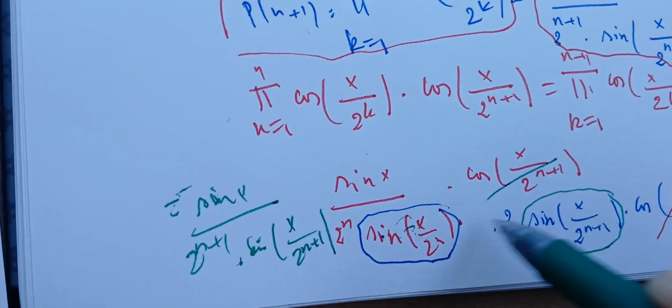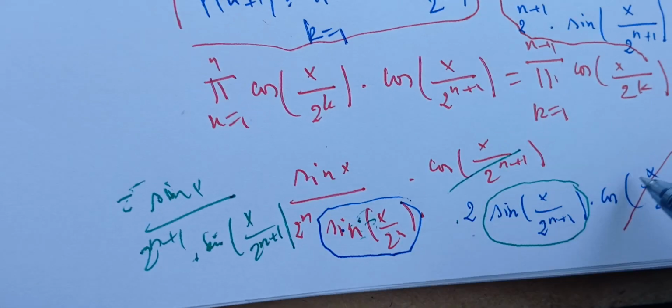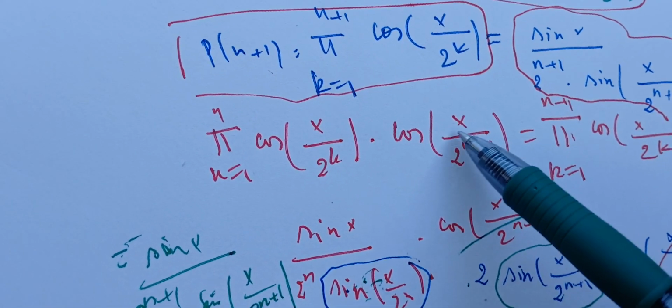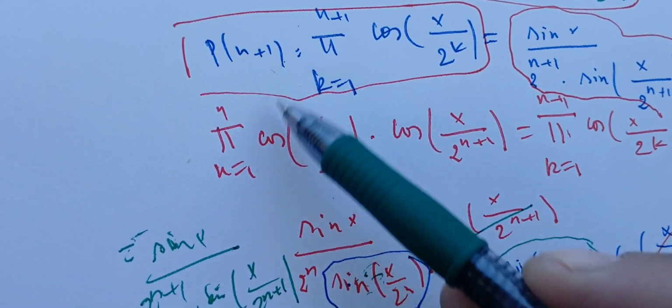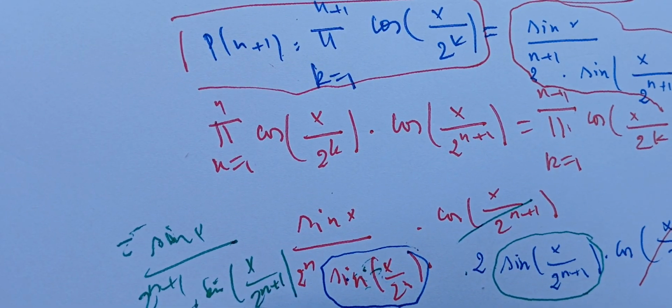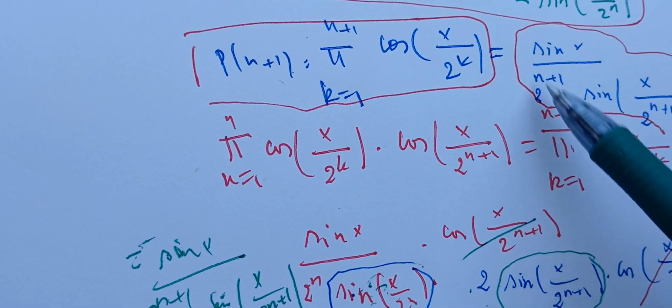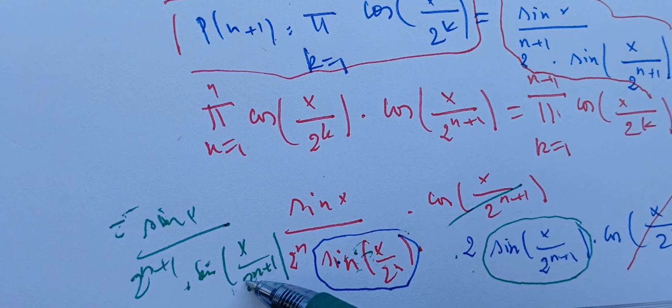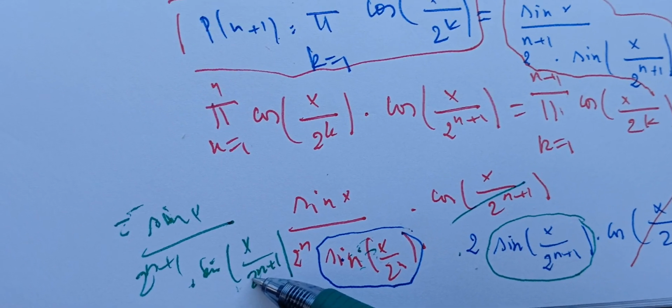This one is gone because we replaced it by this product. Therefore, we see that P of n plus 1 is true. Here, instead of n we have n plus 1, and this means that we have proved the result.